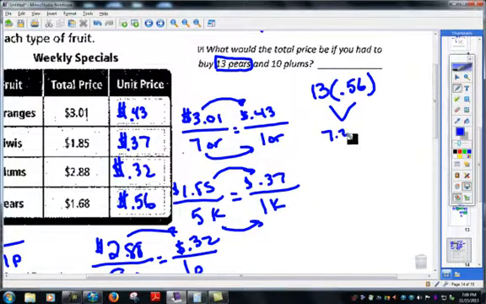So I'm going to spend $7.28 on pears. Again, I took my 13 and multiplied it by the unit price, how many I have.